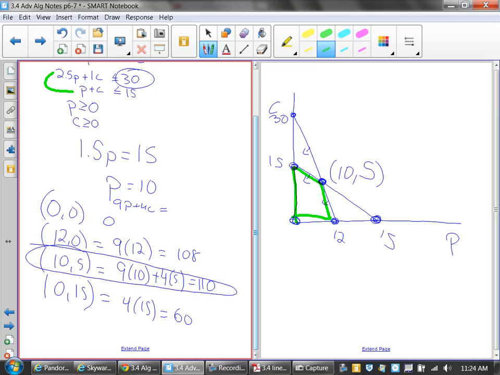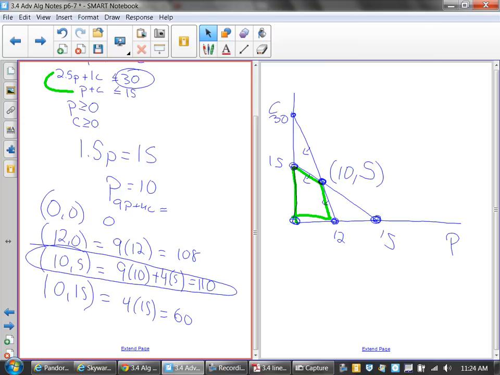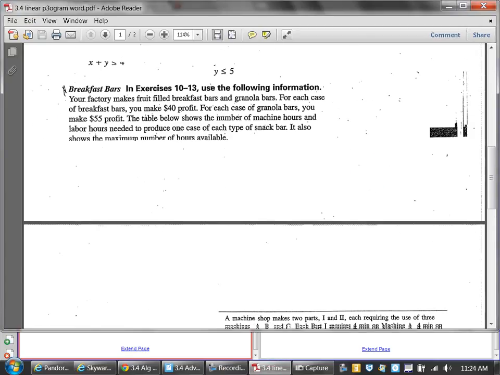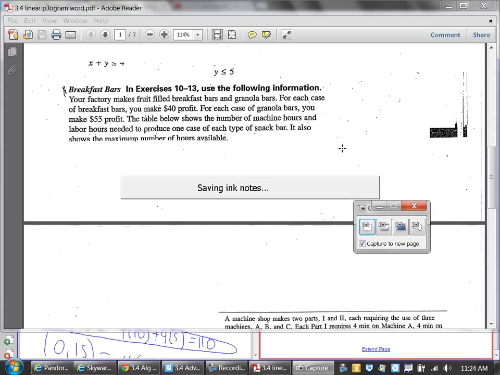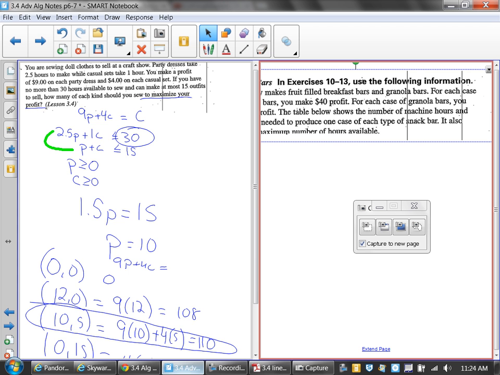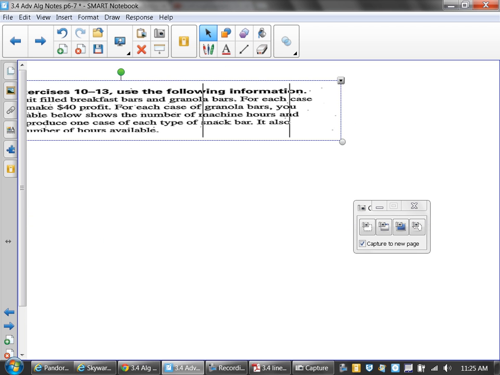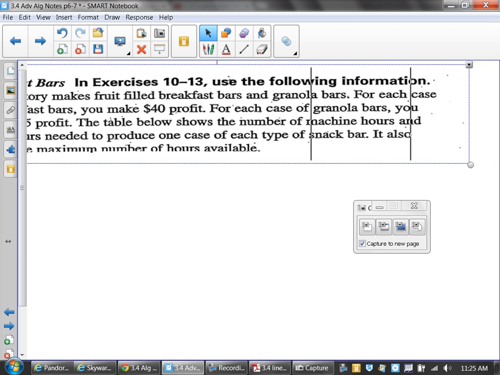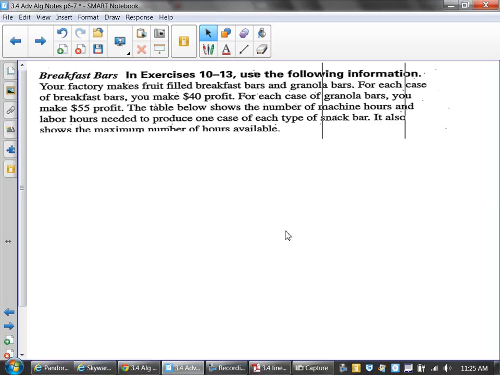Okay. Let's look at that last one, because I neglected to put the chart in there. I apologize. There's a table that's supposed to be there, and I forgot to put it in there, so I have to show you what the table is. So there's a table for this, and in my haste of making these sheets, I cut it off too fast.